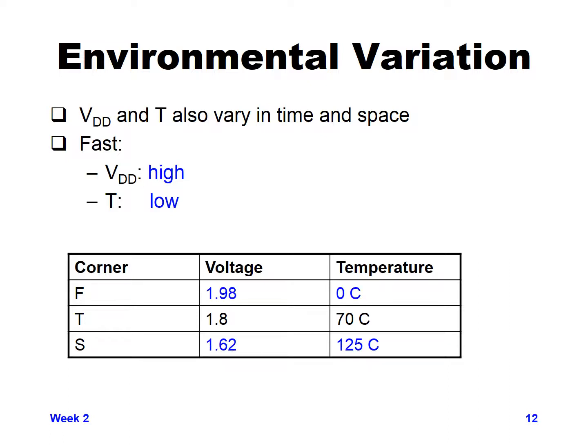So this gives us potentially some additional corners that we want to simulate, where we vary voltage and temperature, as well as the process variables of our transistors. We need to look at these voltage and temperature combinations as additional things that we might want to simulate in our SPICE sims.